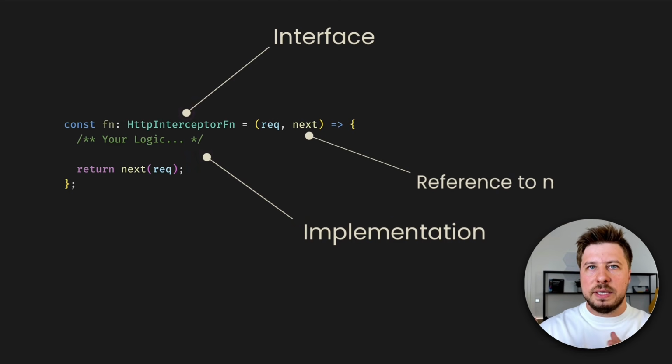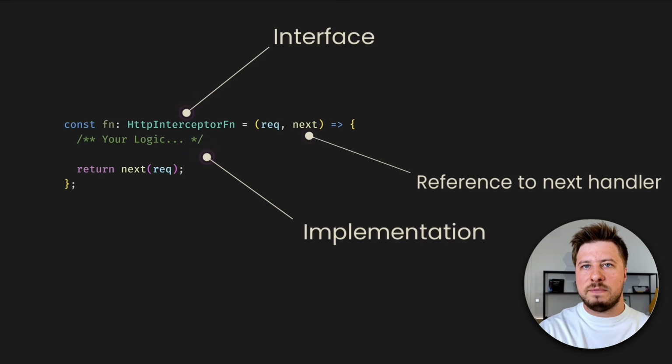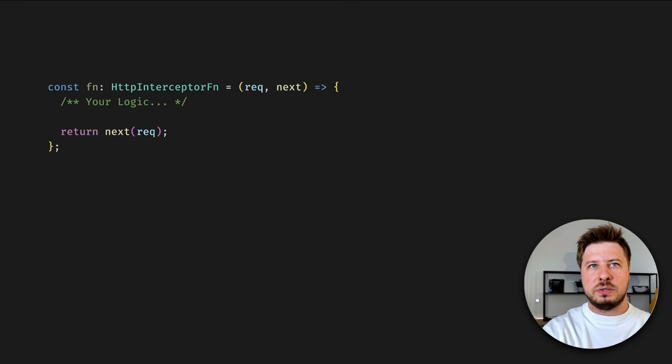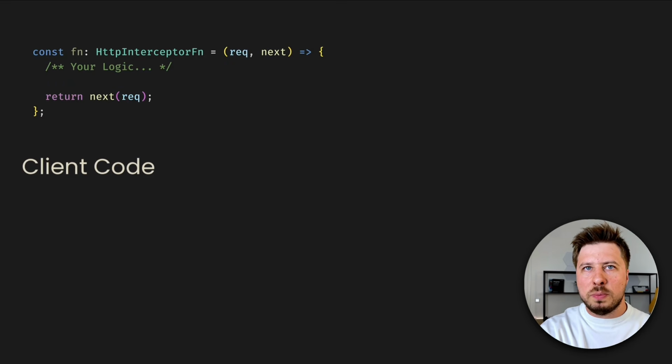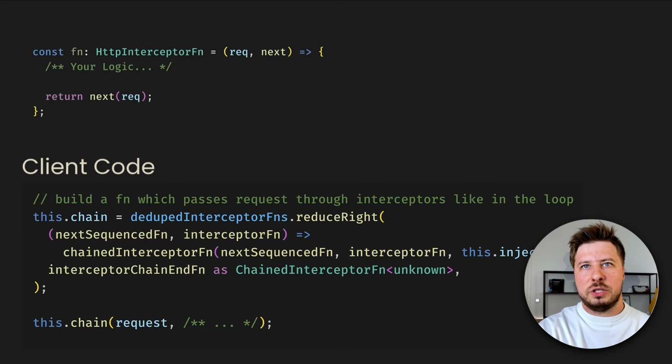And this handler gets a reference to the next function, by calling which we pass our request to the next handler in the chain. And then, in order to execute this chain, we would need to have something like a loop that will build a chain of interceptors and pass requests through them.